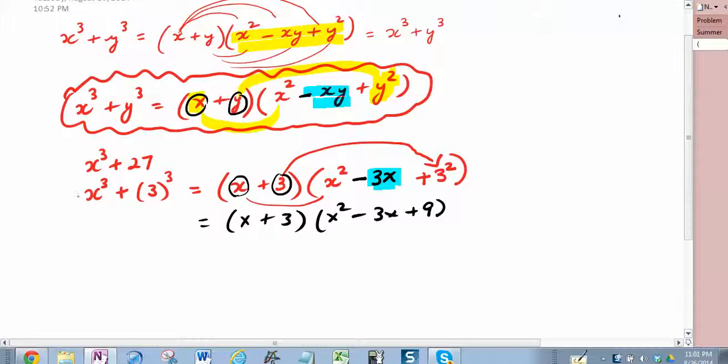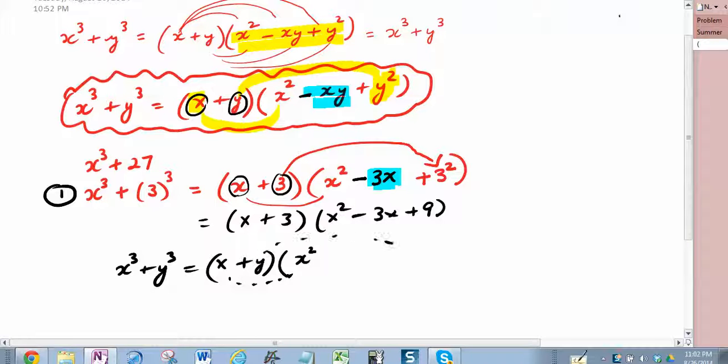So that's example 1. I made rather a mess of the results, so I'm going to write it down one more time. x cubed plus y cubed is equal to x plus y. That's very simple, first term. I take the first term and square it.